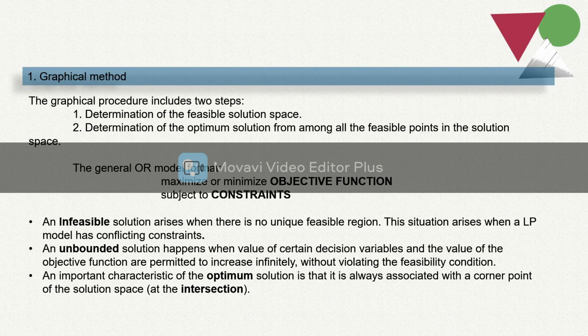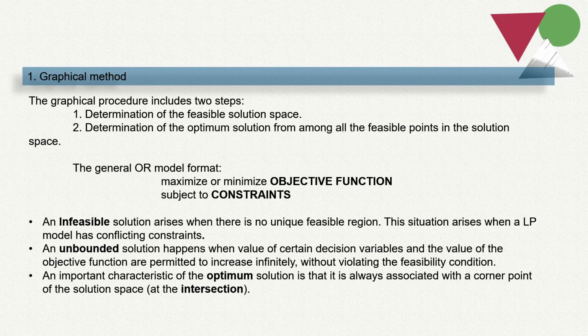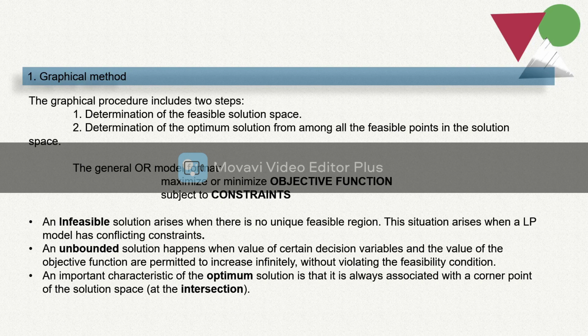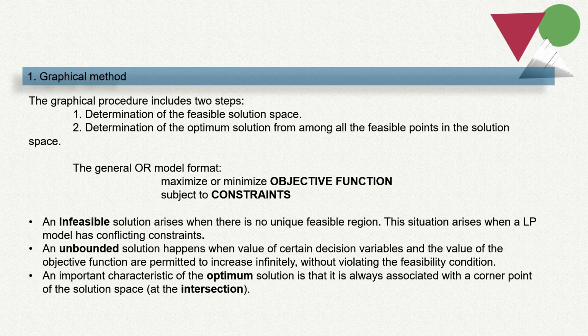Then moving to the graphical method, the graphical procedure includes 2 steps. The first one is determination of the feasible solution space, and the second one is determination of the optimum solution from among all the feasible points in the solution space. An infeasible solution arises when there is no feasible region. This situation arises when an LP model has conflicting constraints.